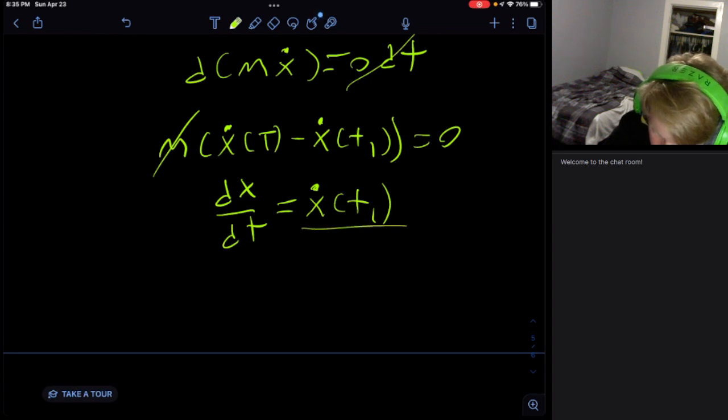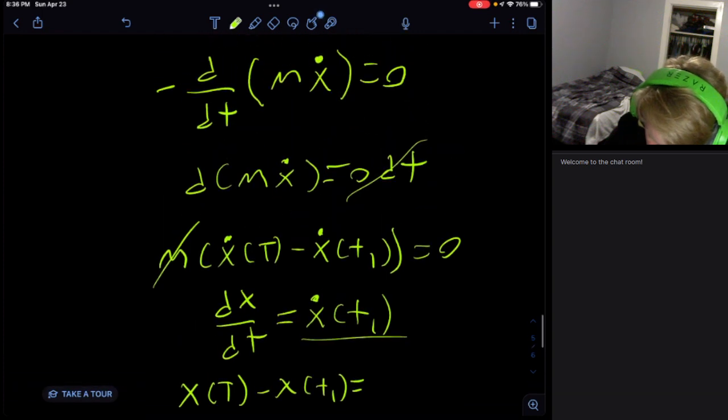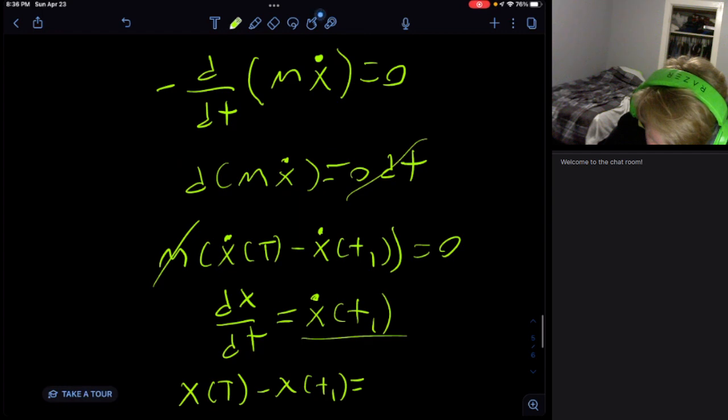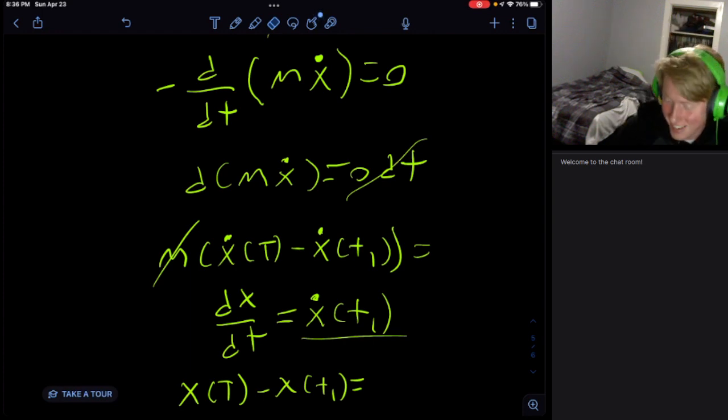This is a constant on the right. We end up with x of t minus x of t1 equals, wait, did I forget something? I forgot the plus c. I forgot the plus c, Grant. There we go.